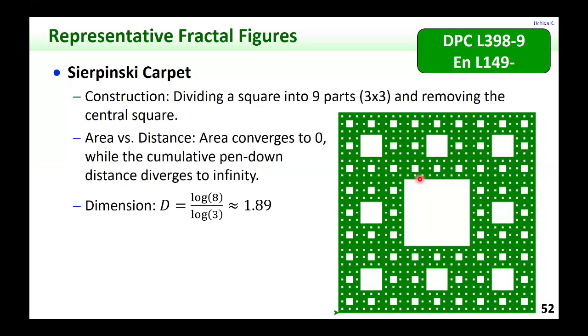Prepare a square and divide it into 9 small squares and paint these, leaving this only. And do the same thing for here. Okay, do the same thing for here. And repeating it recursively to small areas.